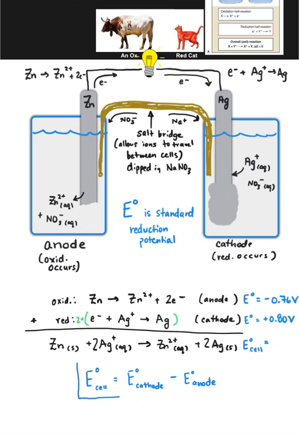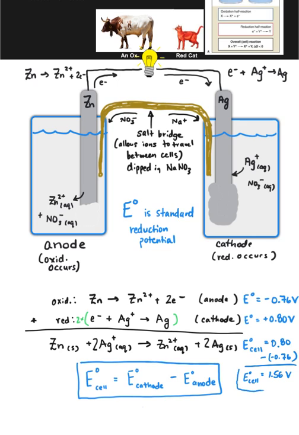This is an equation that you should become used to. Here, E cell for this reaction of silver and zinc is 0.8 minus negative 0.76, for a total value of 1.56 volts.